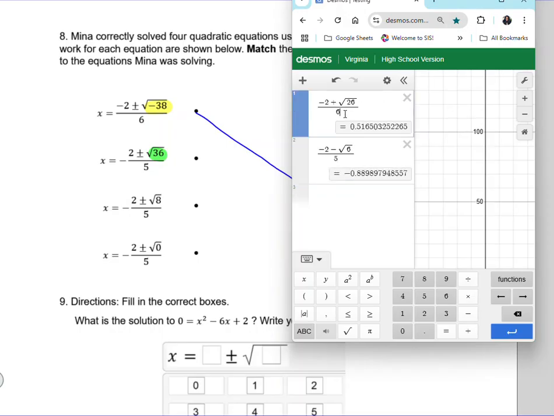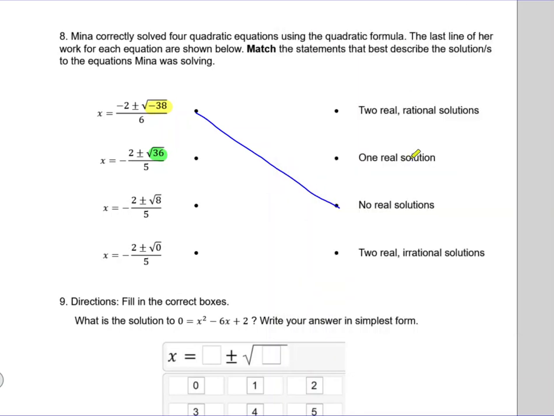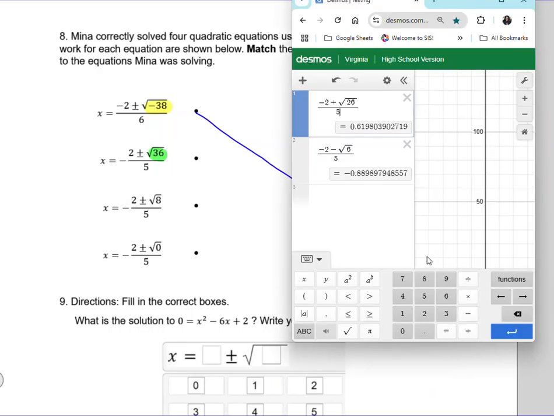This also has the bottom change to a 5, right? So I do have two real solutions, but I have two options for real solutions. One is a rational solution, one is an irrational solution. An irrational solution is when you have a bunch of numbers.